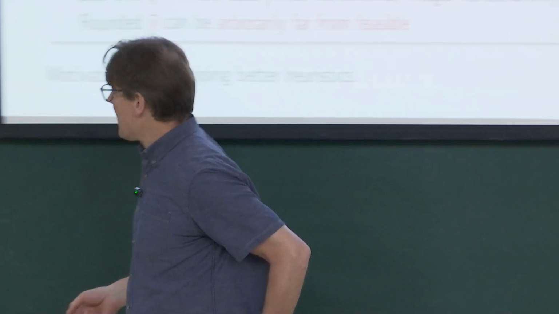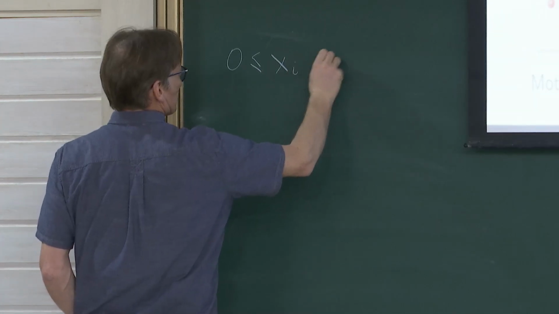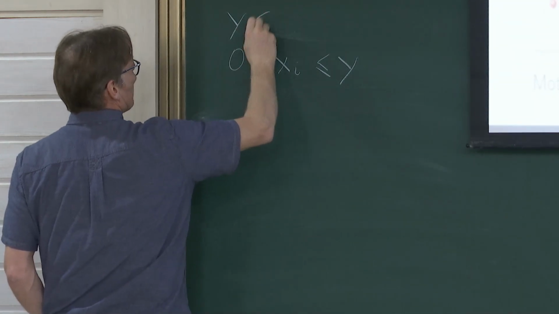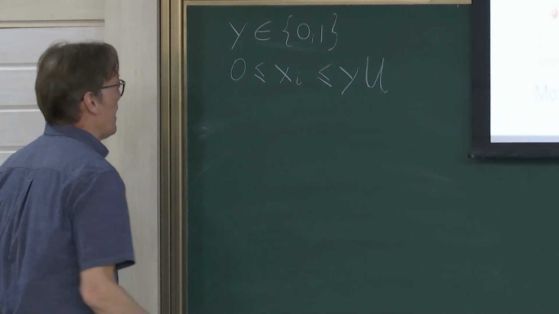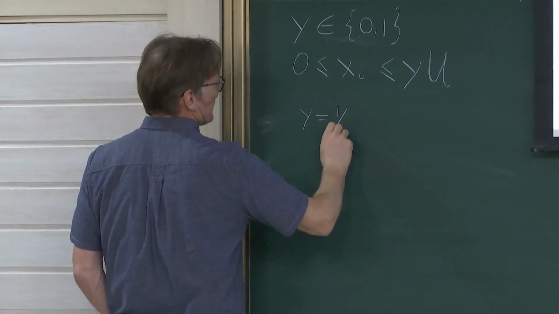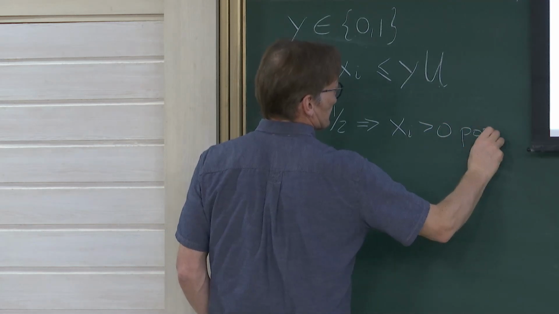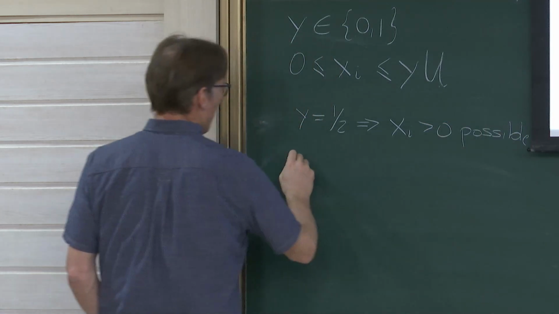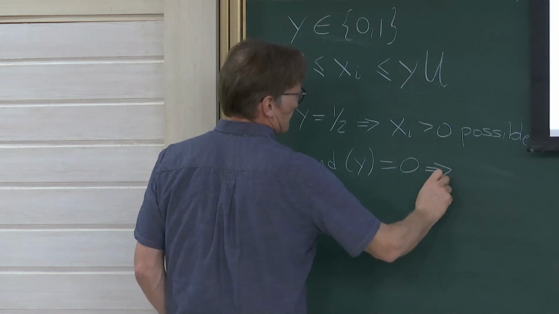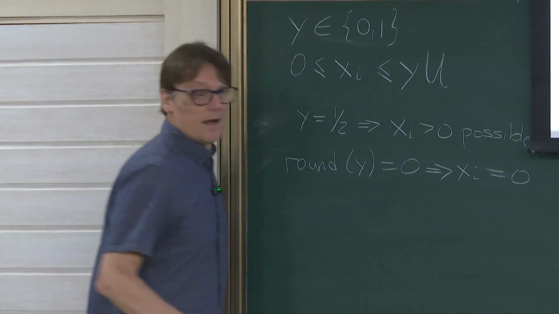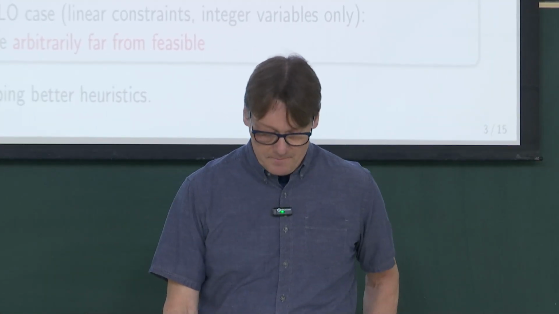In particular, if I have constraints of the form that we've seen, where I have some continuous variables x_i that are bounded above by a binary variable y times some upper bound, now if y is a quarter, then x_i can be positive, but the rounding of y is 0, and that means x_i must be 0. I could maybe fix this up afterwards, but there are other things that could go wrong as well.